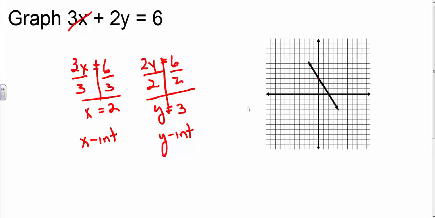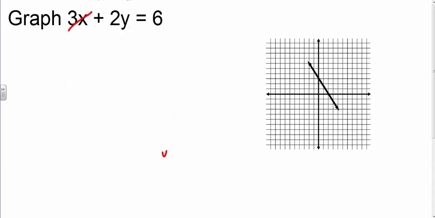Now alternatively, you could have changed this into slope-intercept form and graphed it using slope and the y-intercept. Let's try that real quickly here. I know that's going to bother some of you, but here we go. We've got 3x plus 2y equals 6.